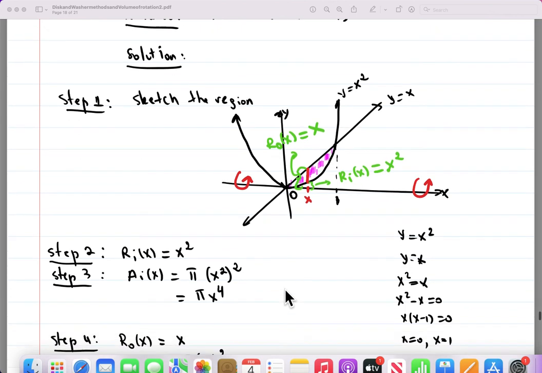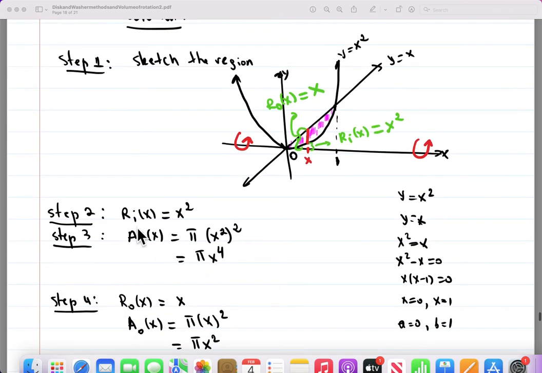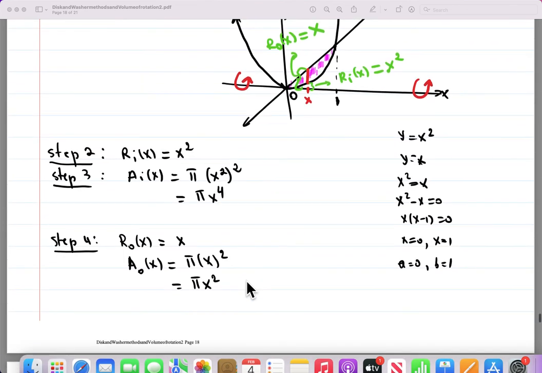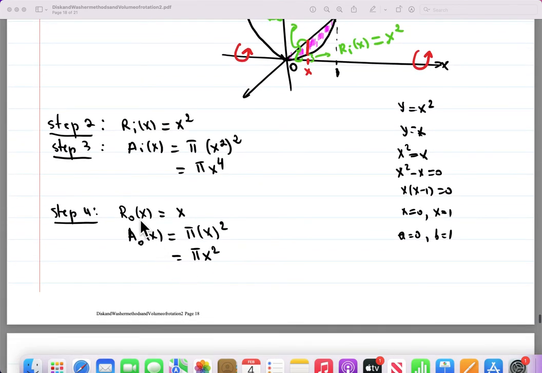Okay, so now we got the inner radius, which is x squared. So we find the inner area, which is pi times inner radius squared. So it's going to be x squared squared, which will give us x to the fourth. And then we write down the outer radius, which is x, and then we find the outer area, which is pi times x squared.